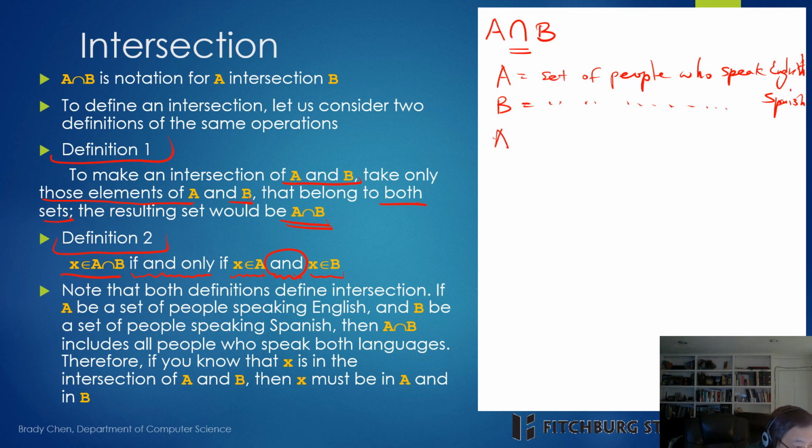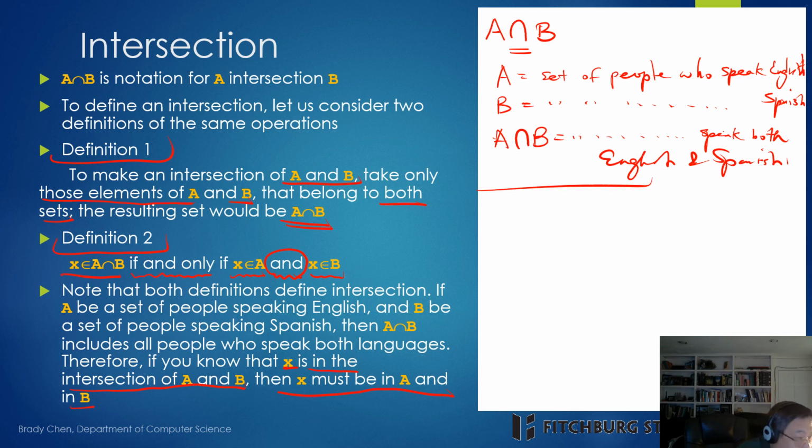Now what is A intersection B? That's the set of people who speak both English and Spanish, right? Therefore, if you know that X is in the intersection of A and B, then X must be in A and B.